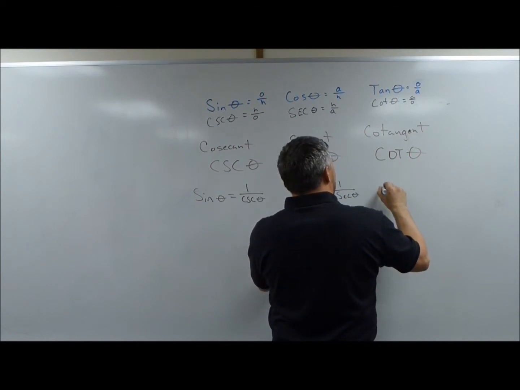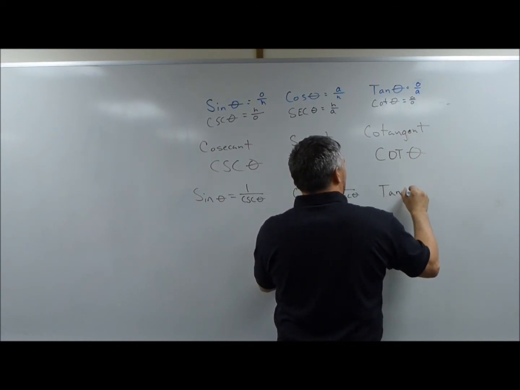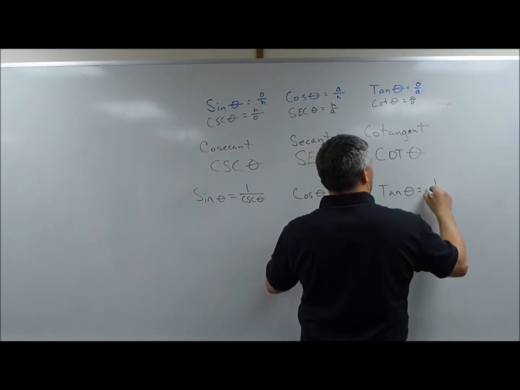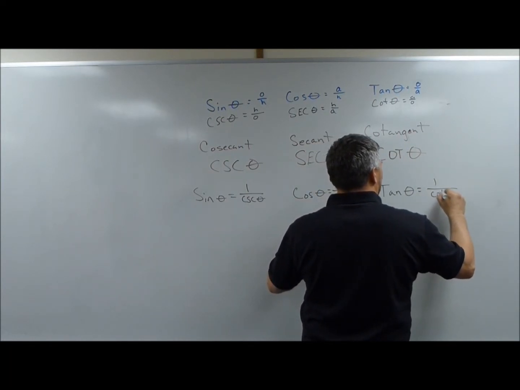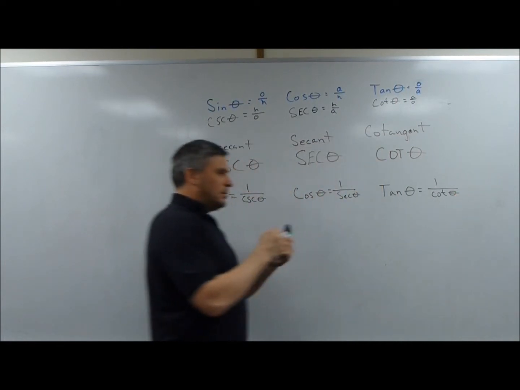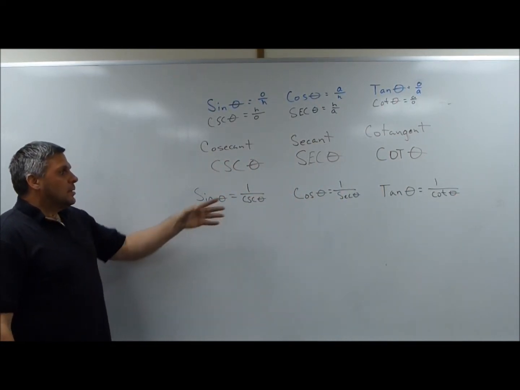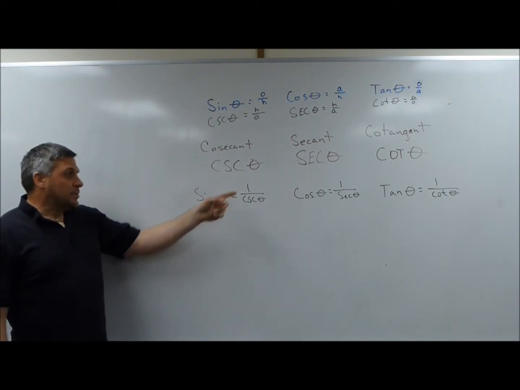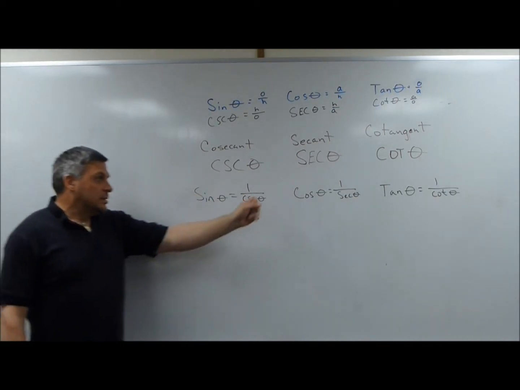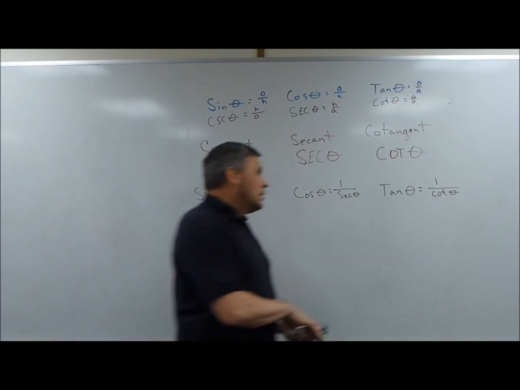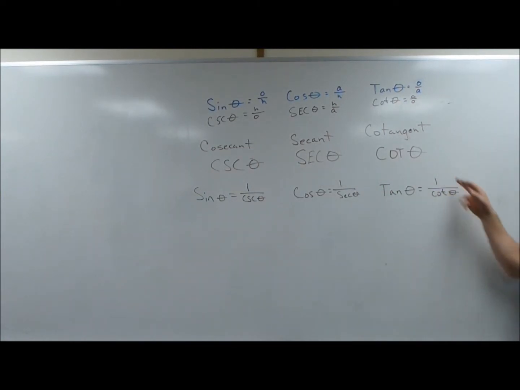And tangent theta is equal to 1 over cotangent theta. So, sine theta equals 1 over cosecant theta. Cosine theta equals 1 over secant theta. And tangent theta equals 1 over cotangent theta.